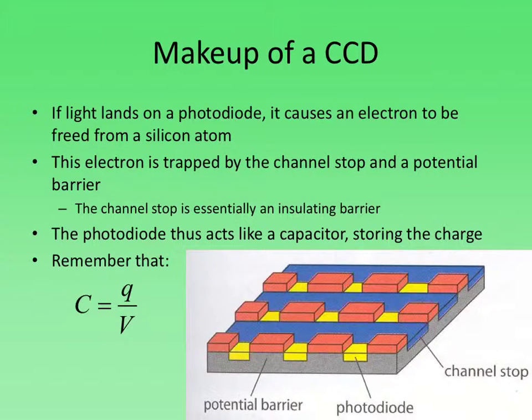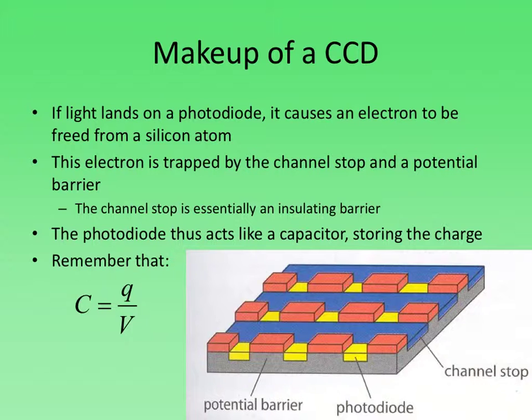And when that electron is freed from the silicon atom, it's trapped by what's called a channel stop, which is just a place where those electrons can go and be held and stored until everything gets reset. It's basically like an insulating barrier that separates all of the photodiodes. And so this allows the capacitor to store charge.